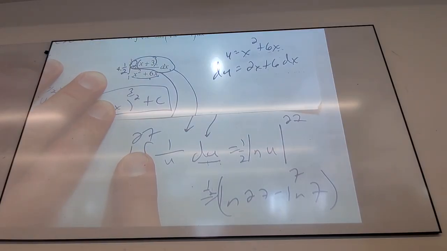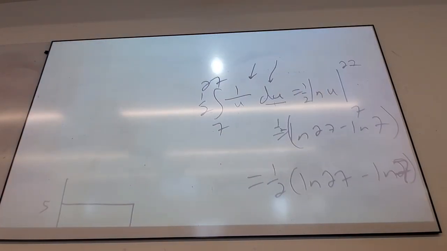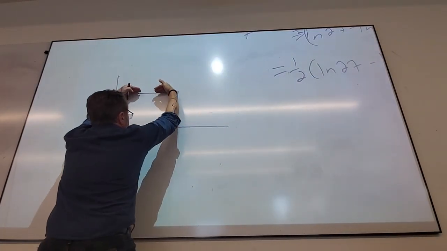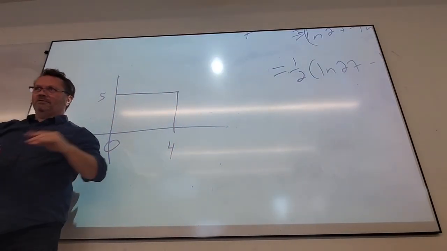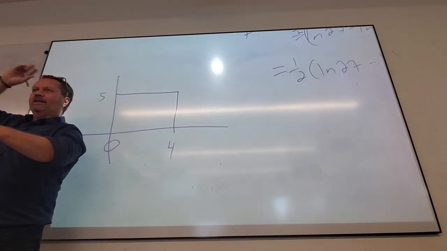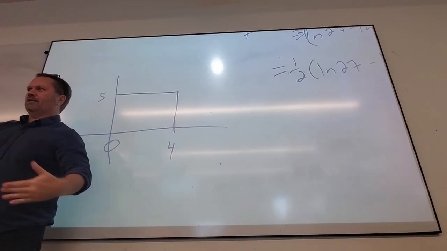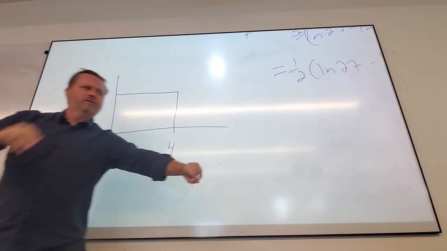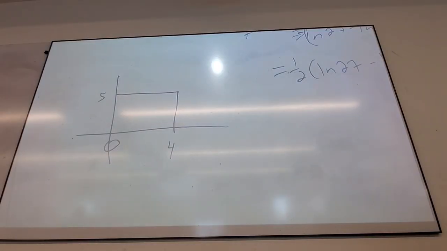That's it. Doesn't x go from 0 to 4? What's the area? 20, that's crazy. What if I came in and I smoosh it? What's going to happen if I smoosh it and it can't compress? It's going to blow out that way. You guys with me? Maybe this is what x is doing.